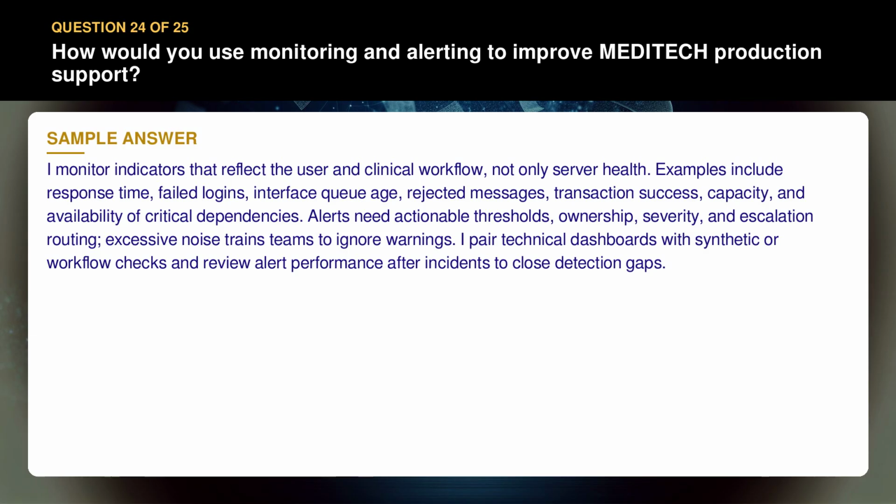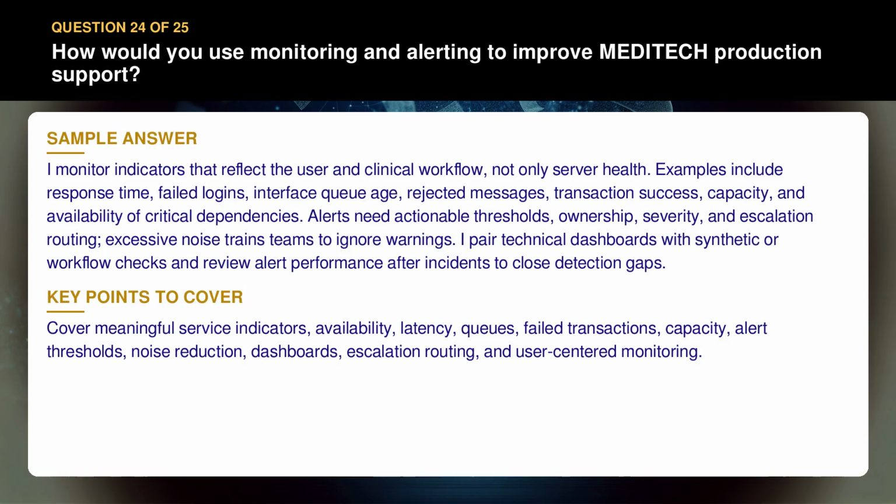Excessive noise trains teams to ignore warnings. I pair technical dashboards with synthetic or workflow checks and review alert performance after incidents to close detection gaps. Cover meaningful service indicators, availability, latency, queues, failed transactions, capacity, alert thresholds, noise reduction, dashboards, escalation routing, and user-centered monitoring.